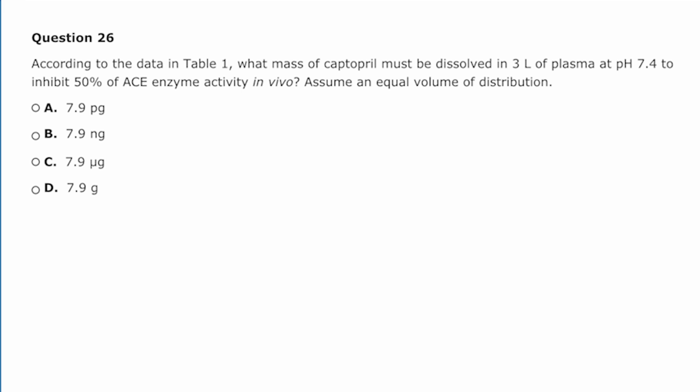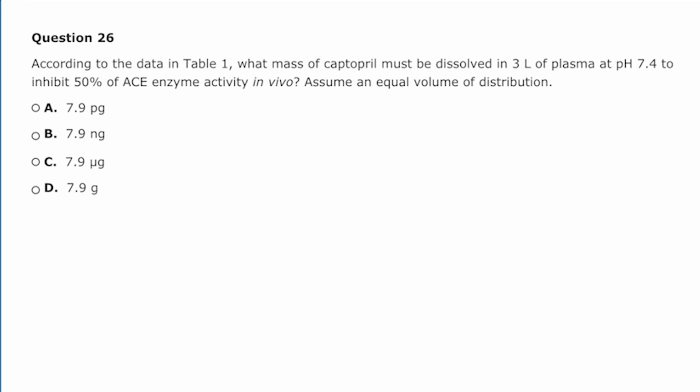So you have 3 liters times 0.012 micromolar times 217 grams per mole, which I'm probably going to round to 220 because I'm lazy. And to be honest, I'm not even really that worried about that anyway, because my answer is going to come out to be 7.9. 7.9 something. It's just times 10 to the whatever.